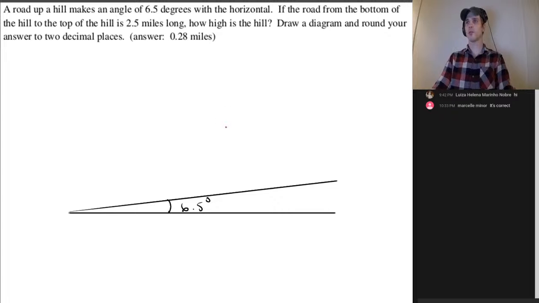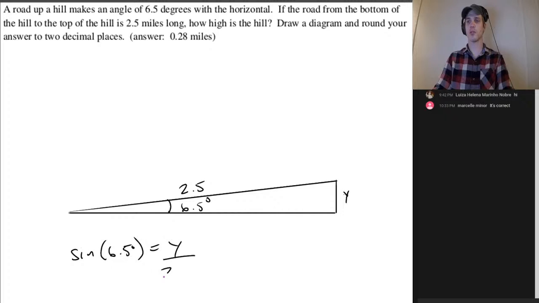If the road from the bottom of the hill to the top of the hill is 2.5 miles long, so this is our hypotenuse, how high is the hill? So we're working with right triangles. We want to know this distance. Let's call it y. So the sine of 6.5 degrees is equal to y over 2.5.